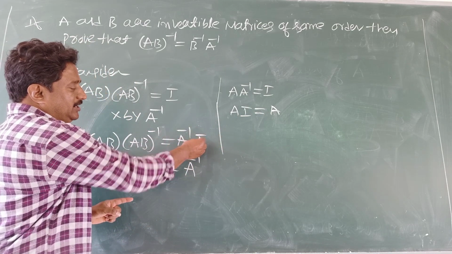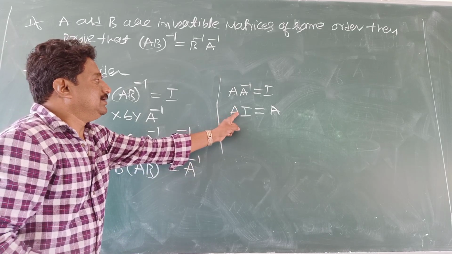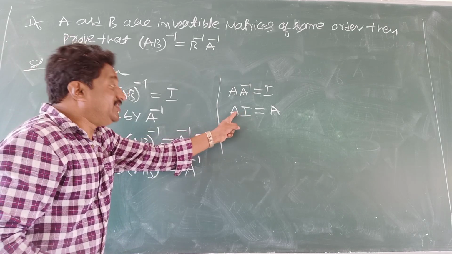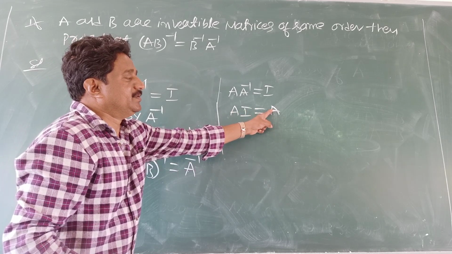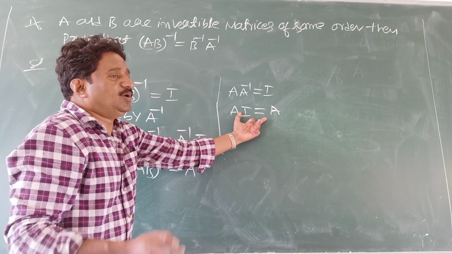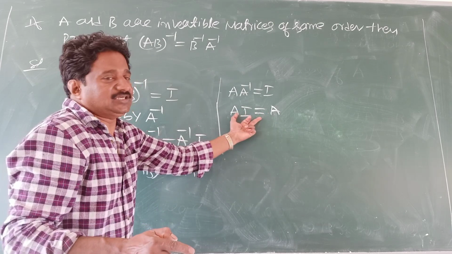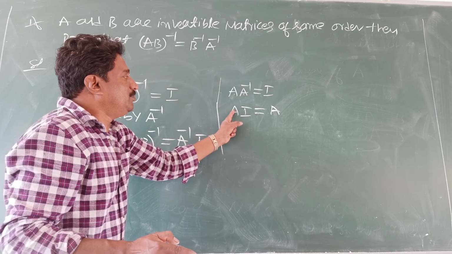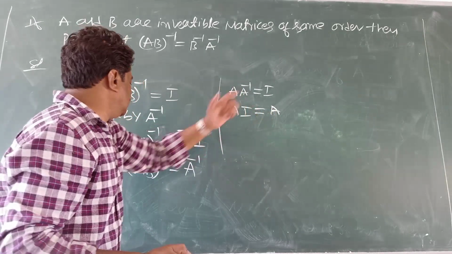If I multiply identity matrix with any matrix, I must get the matrix itself. You can cross check this. I told this in the last video. You take your own matrix, multiply that with I, you will get A. You can easily cross check this.